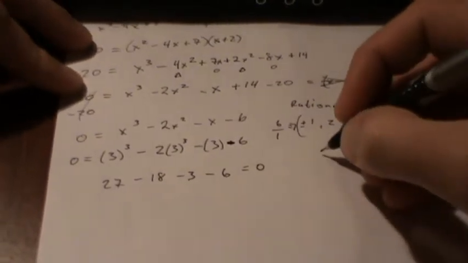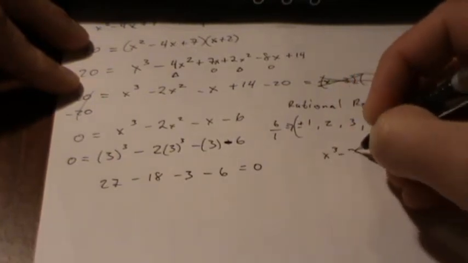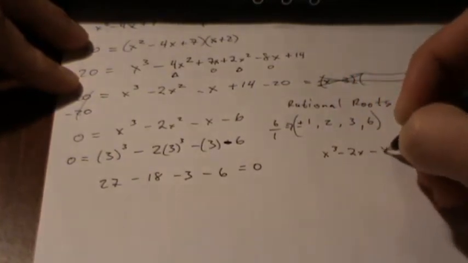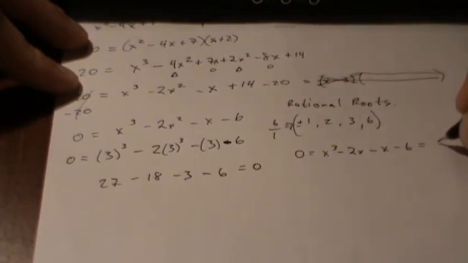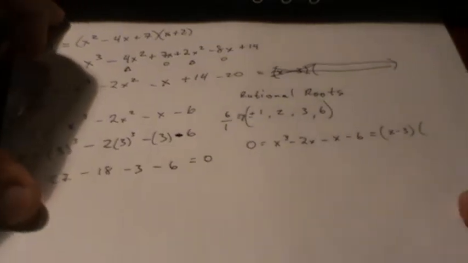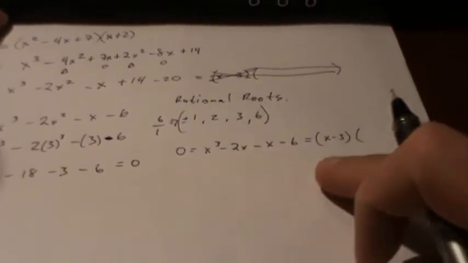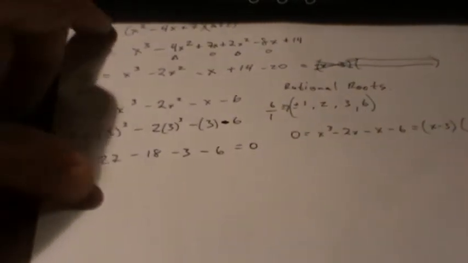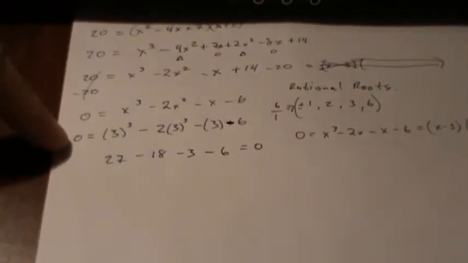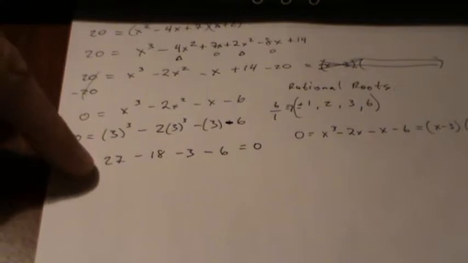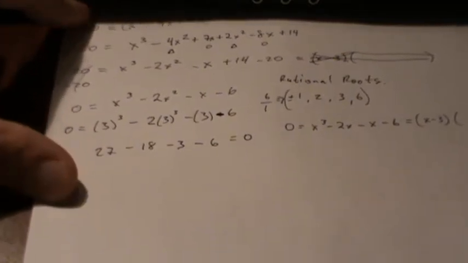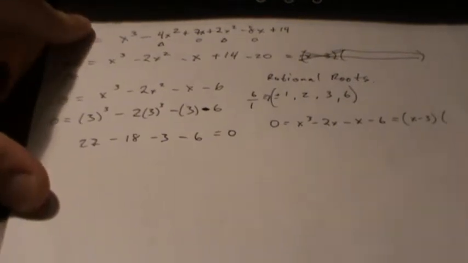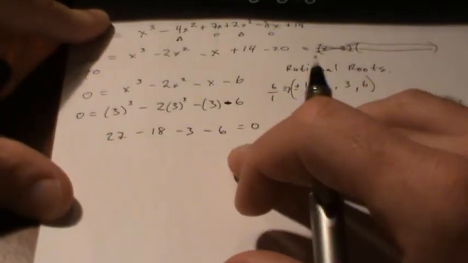Let me write x to the third minus 2x squared minus x minus 6. If I pull out an x minus 3, I'll be left with another factor, okay? Because I found that f of 3 was equal to 0. And so, pulling out that 3, I will do with synthetic division.